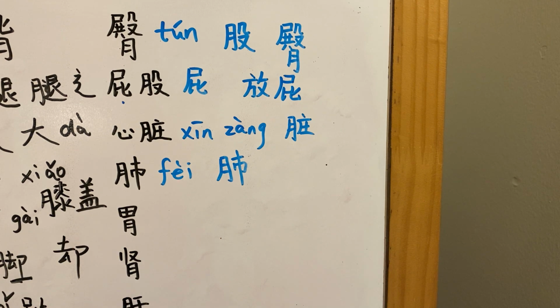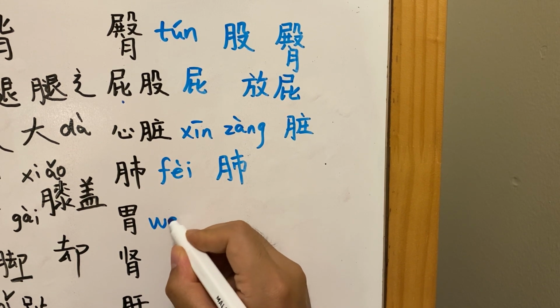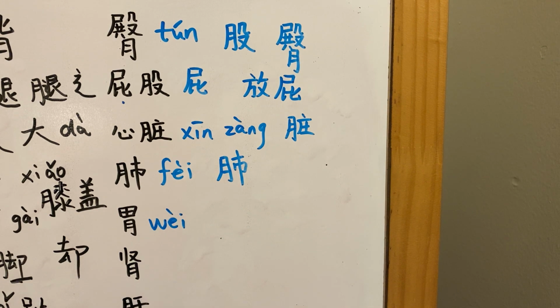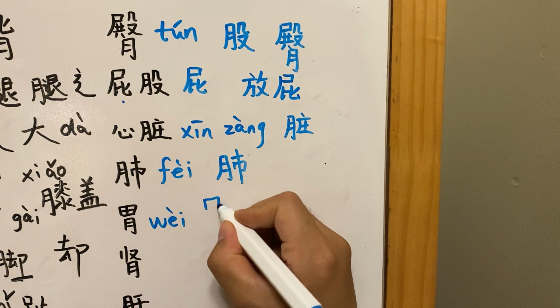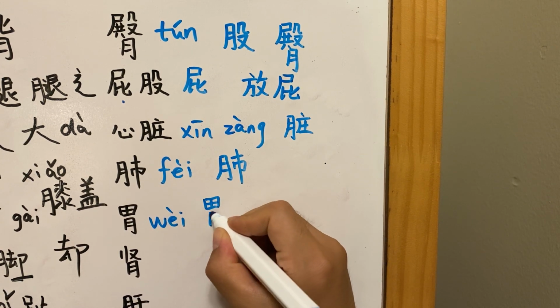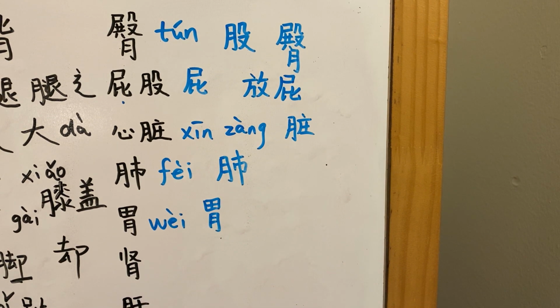The next one is 胃, right? 胃. It sounds very similar. 胃, this one is your stomach. A lot of Chinese have a very bad condition of their stomach.